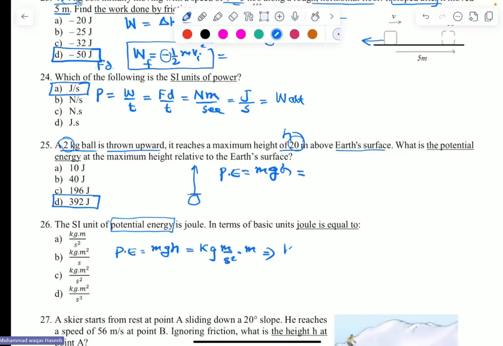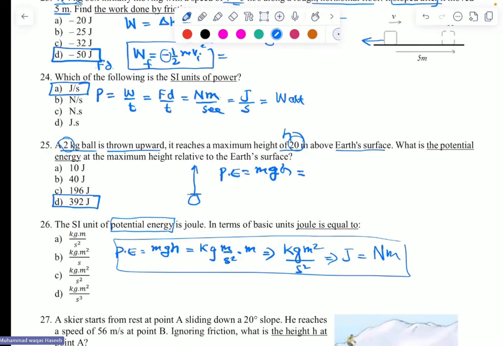So your unit will be kilogram meter squared divided by second squared, which is equivalent to joule, and joule is equivalent to Newton meter. Okay. So work done, kinetic energy, potential energy and elastic potential energy all have the same unit, which is kilogram meter squared per second squared, joules, or Newton meter. So which unit is this? I think so, C. Yeah.